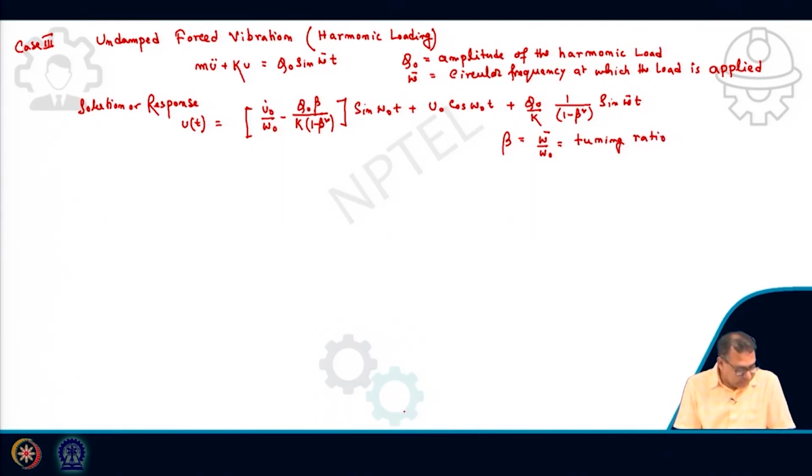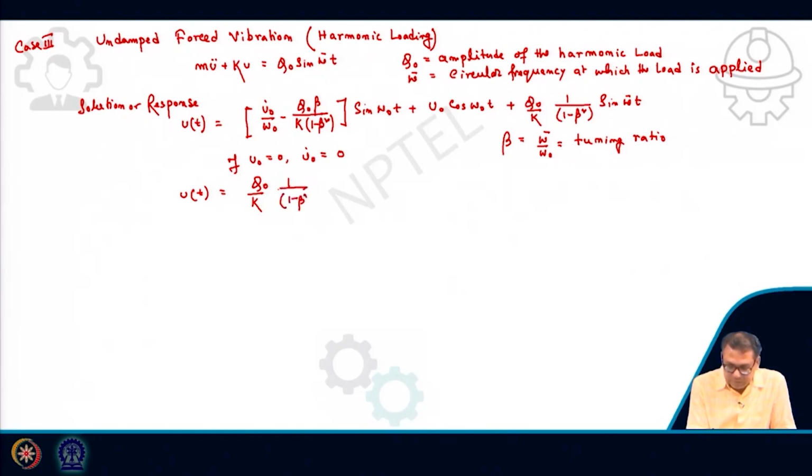Okay, so now if I put u0 equal to 0 and u0 dot equal to 0, the initial displacement and velocity both 0, then I will get u(t) equal to q0 divided by k, into 1 by 1 minus beta square, into sine omega bar t minus beta sine omega 0 t.